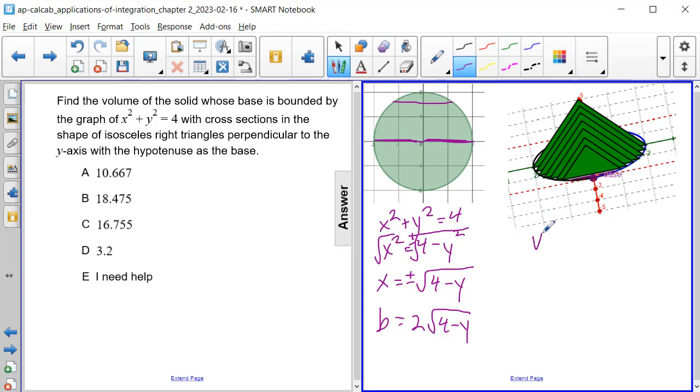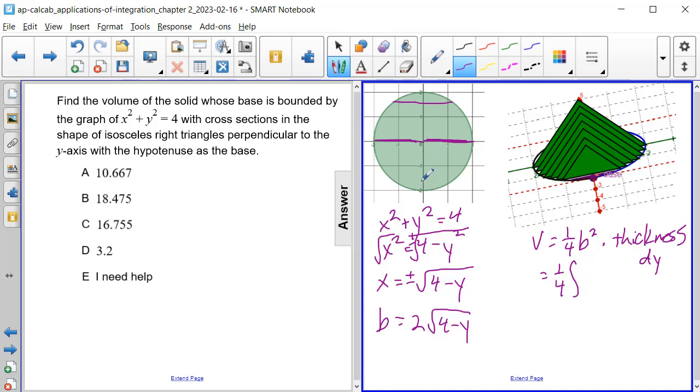And now the volume in this case is found using the formula 1/4 b squared times our thickness. Our thickness is going to be dy because we solved everything for x to put it in terms of y. So our volume is going to equal 1/4 times the integral.